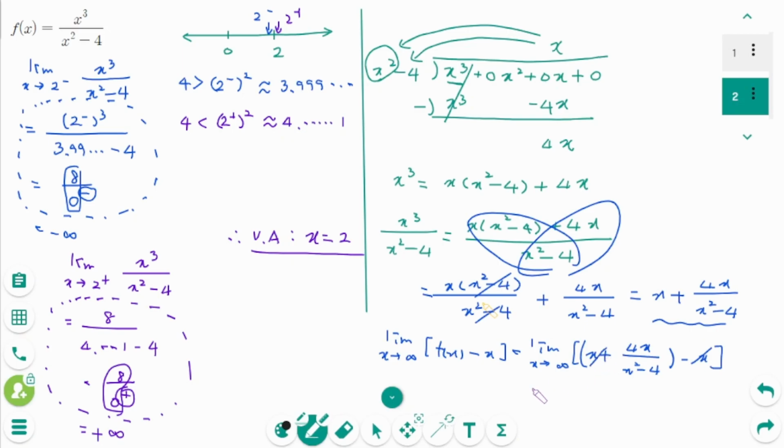The x is cancelled, which equals limit as x approaches infinity of 4x over x squared minus 4, which equals 0. So the slant asymptote or oblique asymptote is y equals x. Please remember, since there is a slant asymptote, there cannot be a horizontal asymptote.